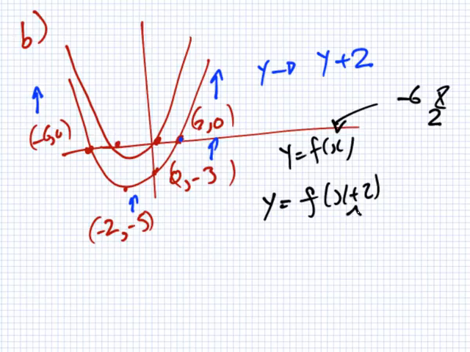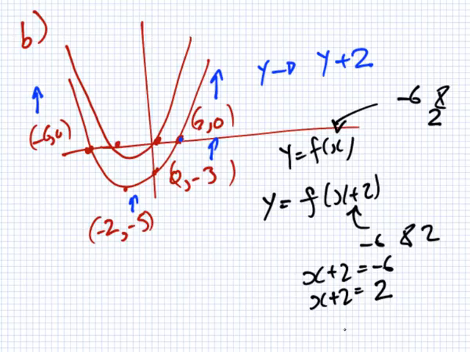So you still need this to be -6 and 2. Except now you have x plus 2 equals -6 and x plus 2 equals 2. So the new roots will be -8 and 0.